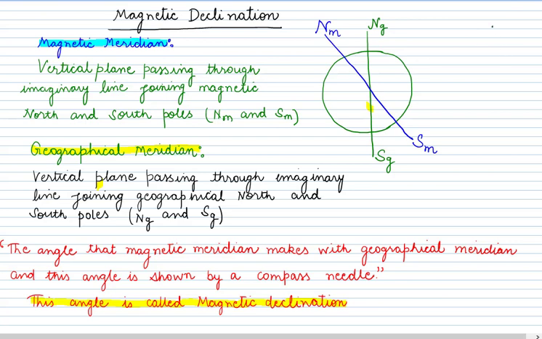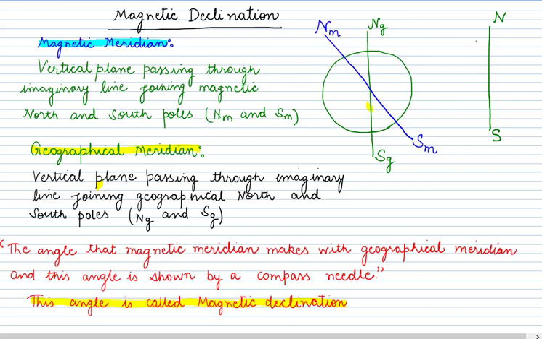Just draw a vertical line. This is our actual north, geographical north, and this is our actual south. So we have shown our actual north and south poles with this vertical line.